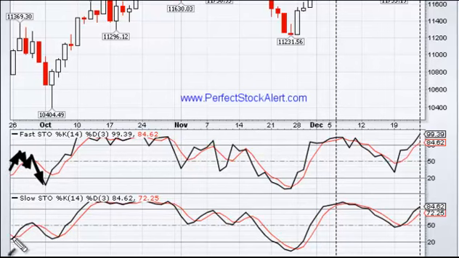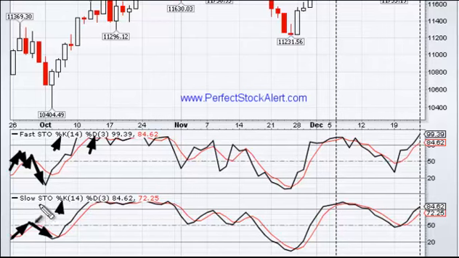Right? And then the percent K on the slow Stoch is just very smooth. There's no more choppiness. What they did was they simply took the percent K of the fast Stoch and applied a 3-period simple moving average to it. In effect, all that did was make the percent D the percent K on the slow Stoch.